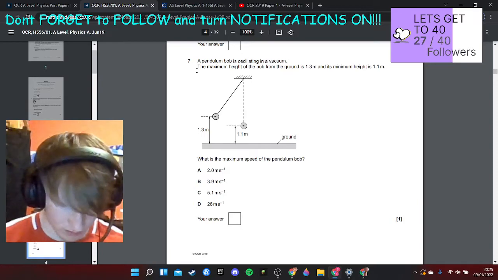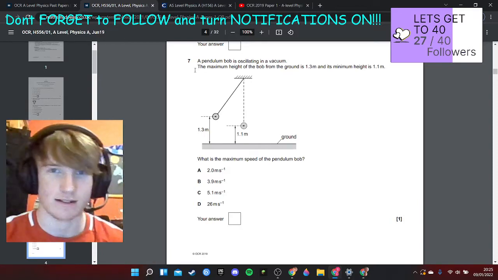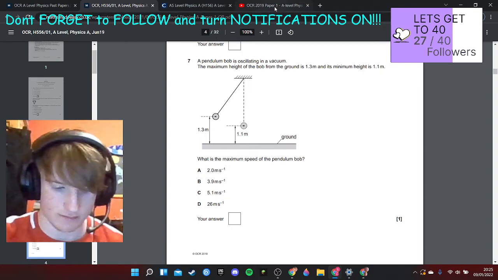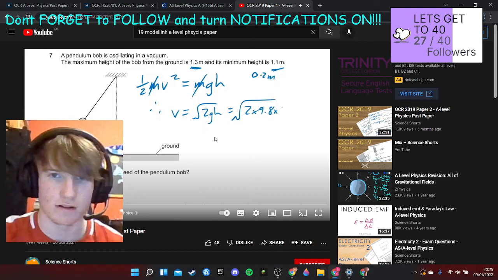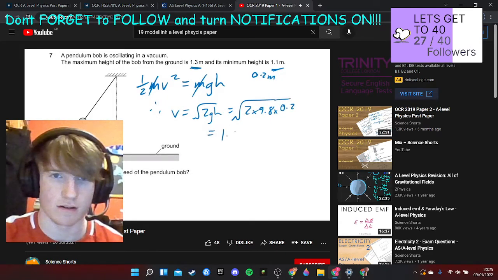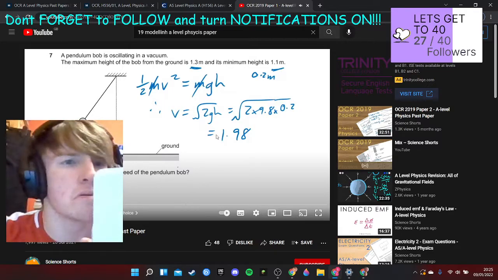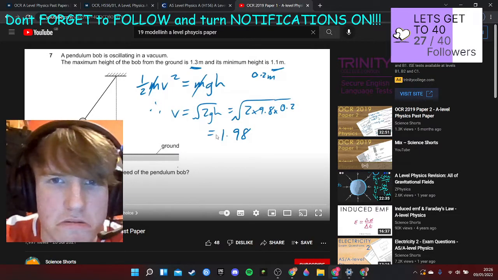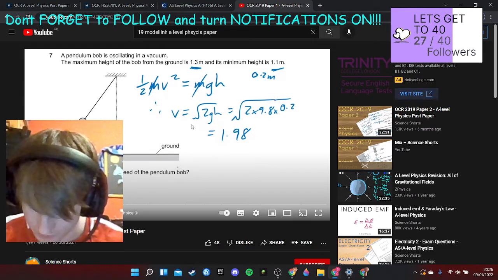0.2. Oh well, what the fuck? So that's square root of 2 times 9.81 times 0.2 meters, and that gives us like 1.98. Oh, shouldn't have halved it.